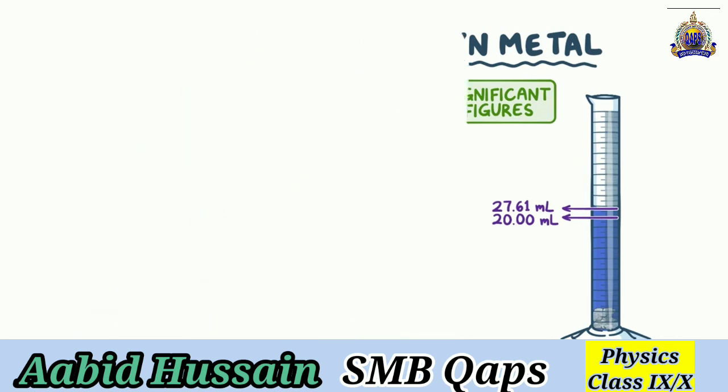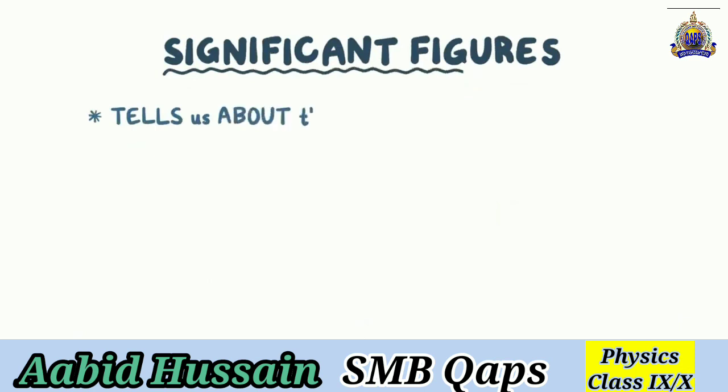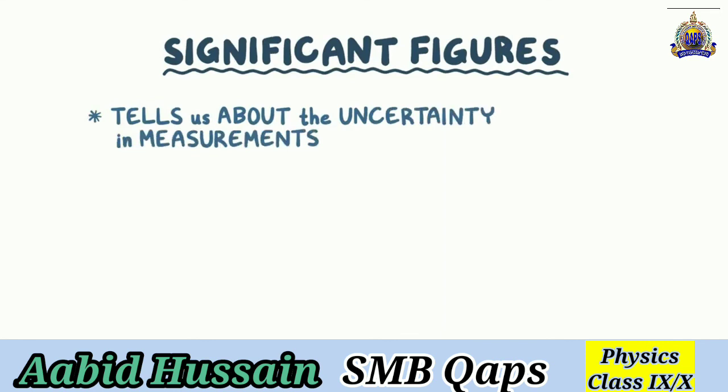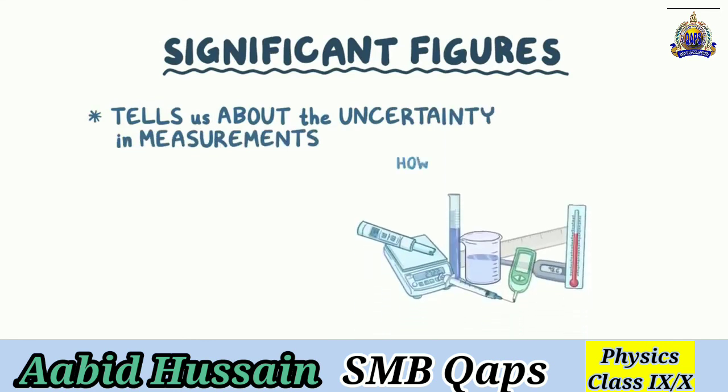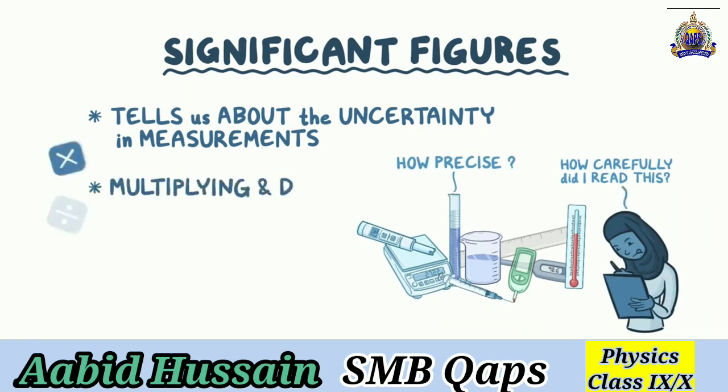Now, as you know, significant figures always tell us about the uncertainty in measurements. If we are feeling any uncertainty while measuring different substances and quantities, the method of significant figures shows how precise and careful we can be to get accurate values.